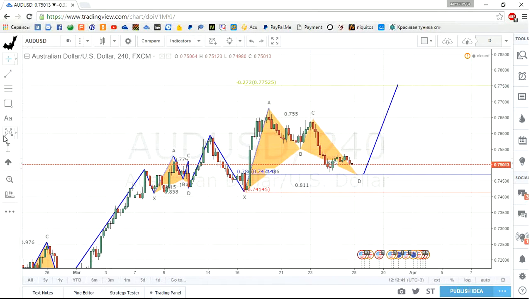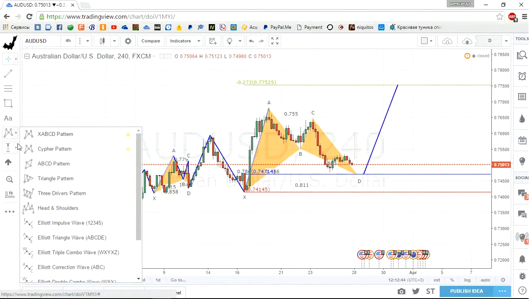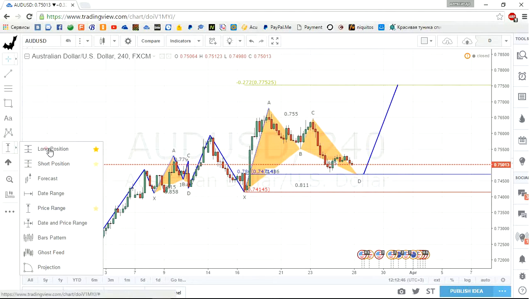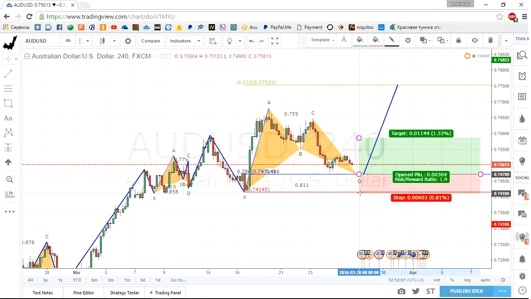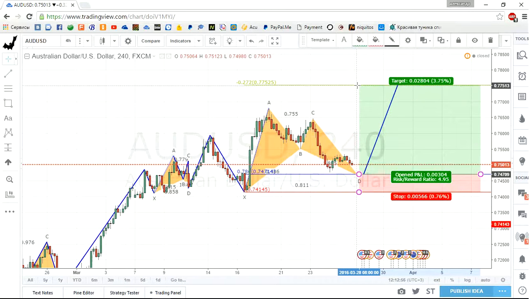Let us calculate the potential risk and potential target. Where is it? Position size analyzer. Our risk will be like that, and our reward will be like that. Having a risk to reward almost 5 versus 1, 5 gain versus 1 loss. So how many times do you need to be right for these patterns to bring you profits?